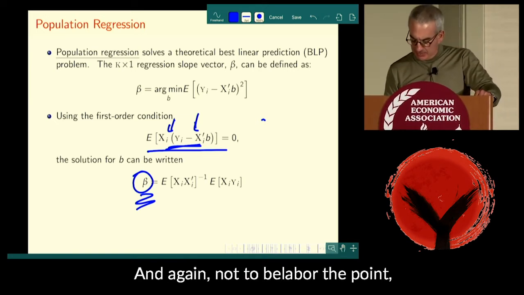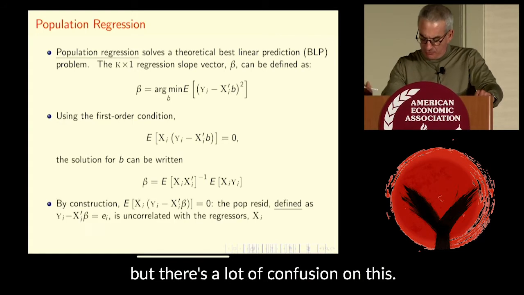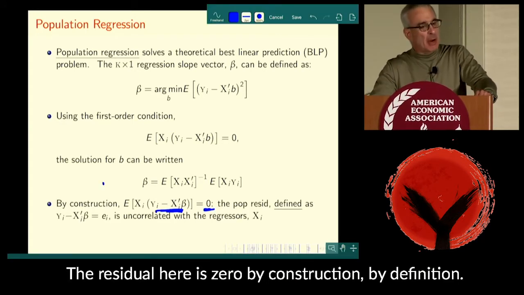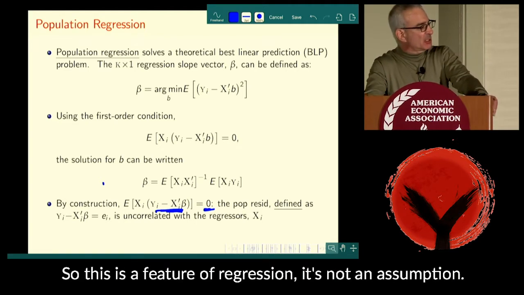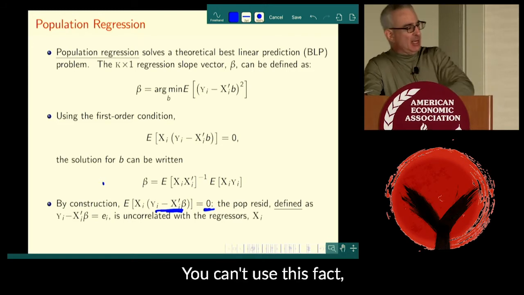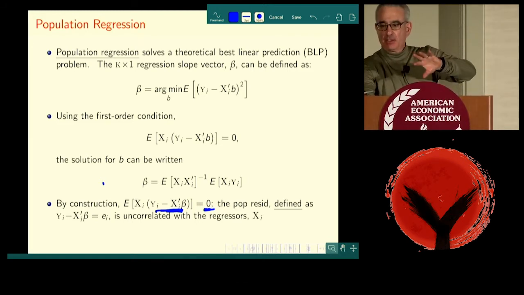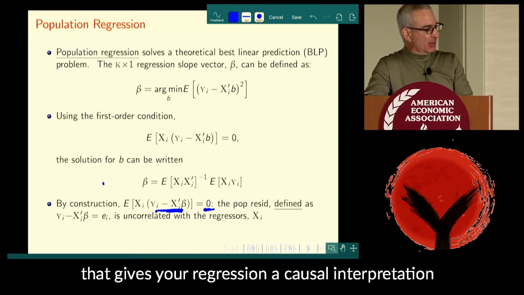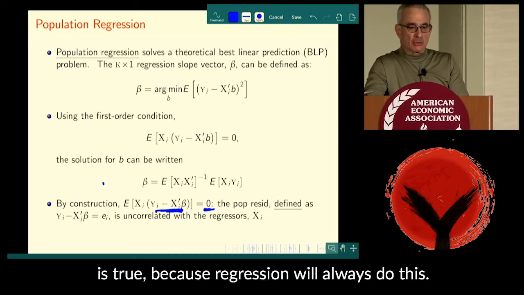Again, not to belabor the point, but there's a lot of confusion on this. The residual here is 0 by construction, by definition. So this is a feature of regression. It's not an assumption. You can't use this fact to decide whether the conditional independence assumption that gives your regression a causal interpretation is true, because regression will always do this.